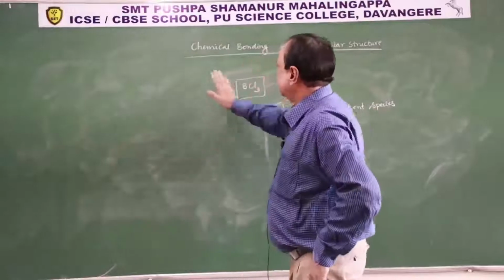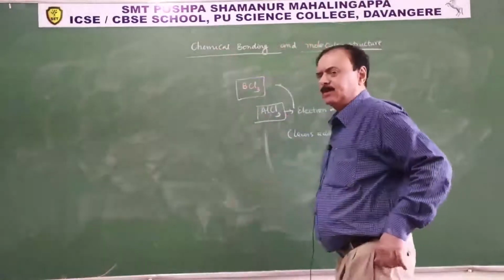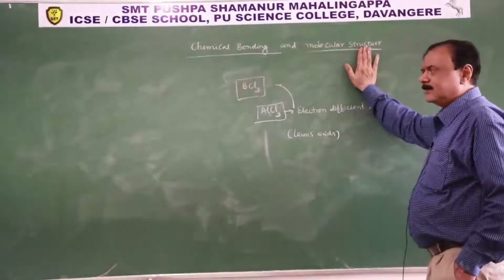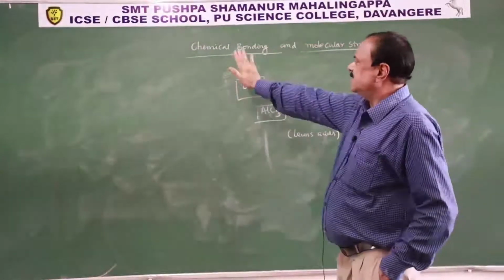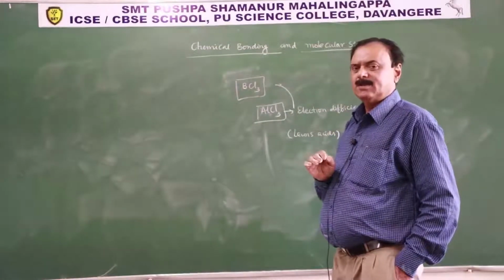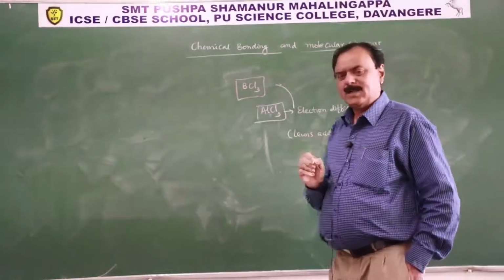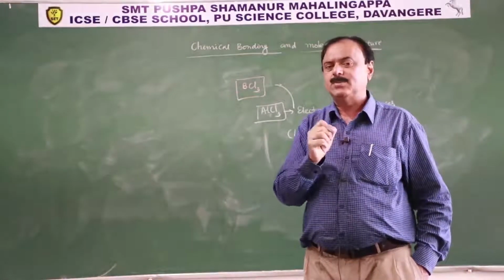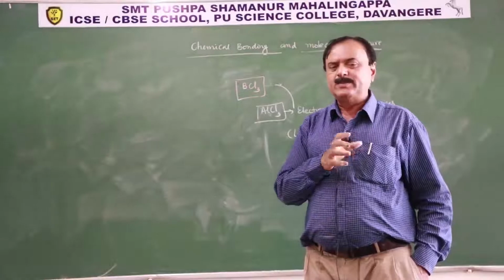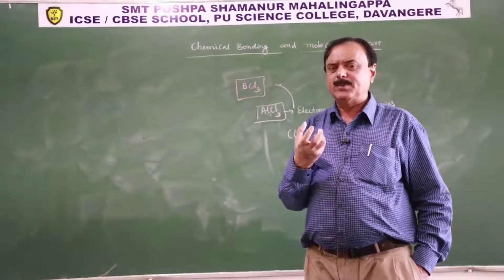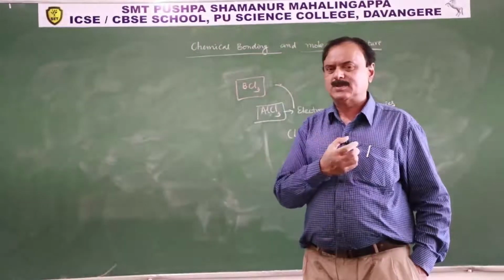See, I wrote something on the board, that is, chemical bonding and molecular structure. These letters are visible to us. Why? There is an affinity between the chalk molecules and the board. Some type of attractive forces are there between the board and chalk molecules.